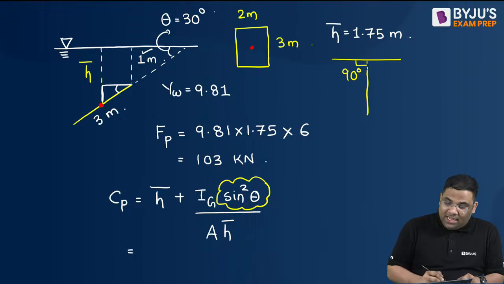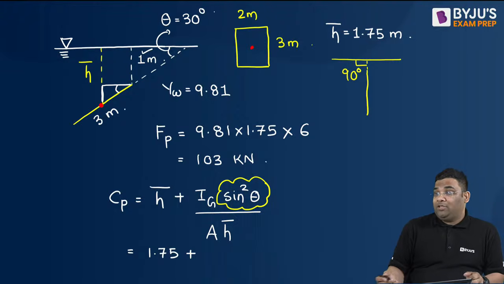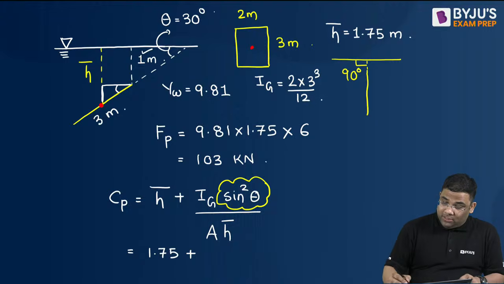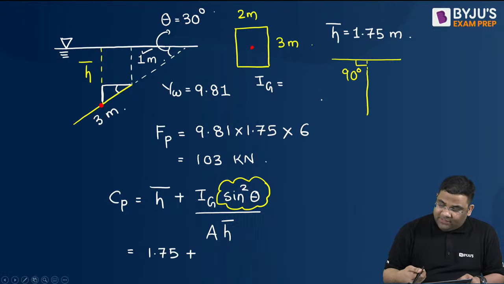If I apply this formula, what is the answer? H bar is 1.75 plus Ig. What is your Ig? You can find out, right? It's a rectangle, so I can say BD cube by 12, so 2 into 3 cube by 12. When you're solving this question, I will give you a small hint to solve faster.